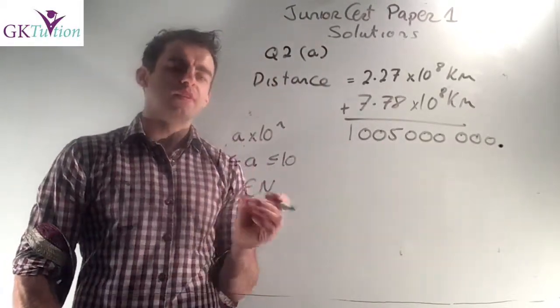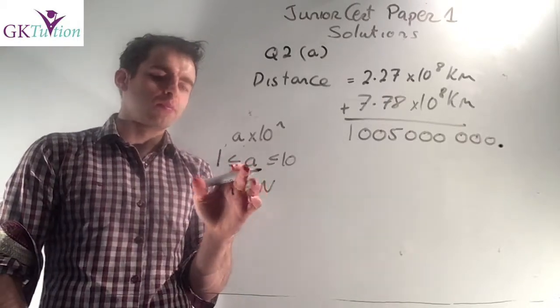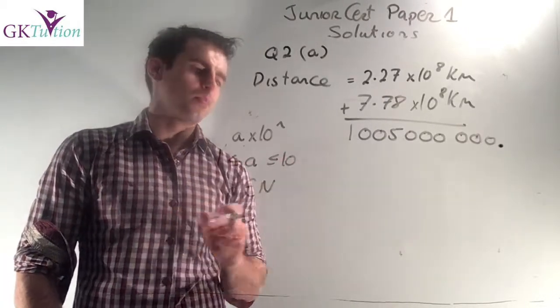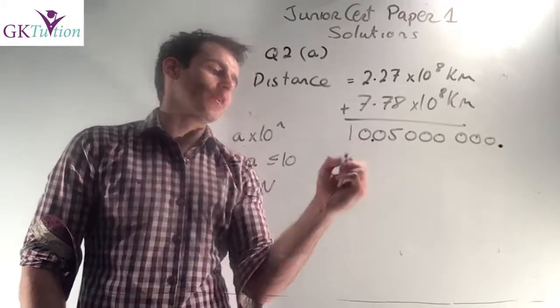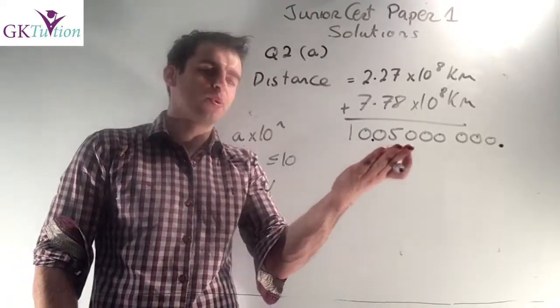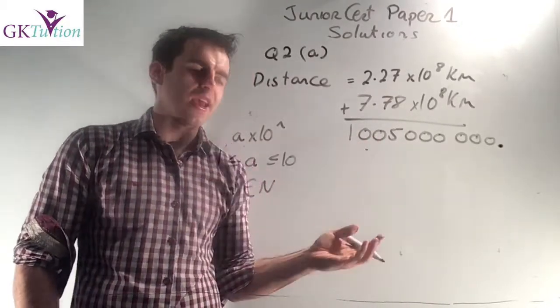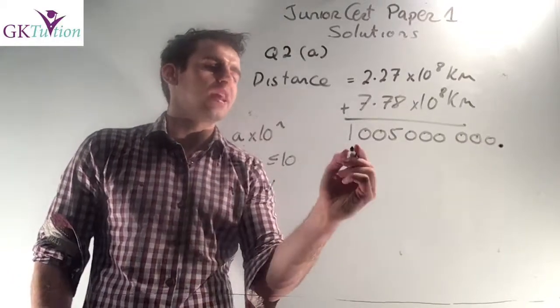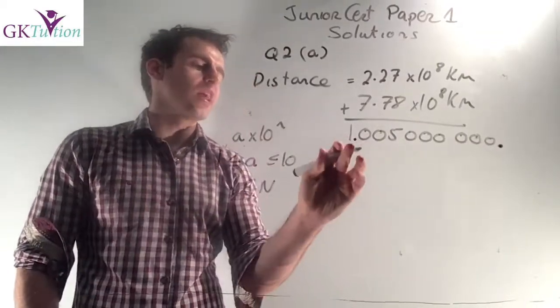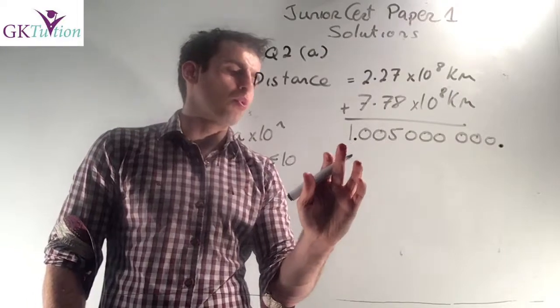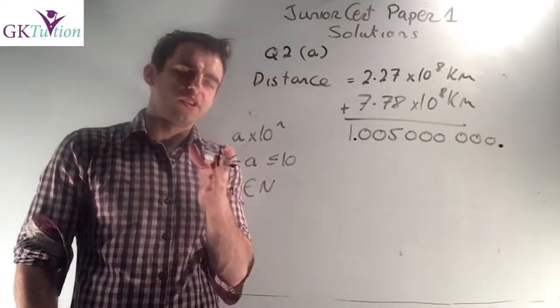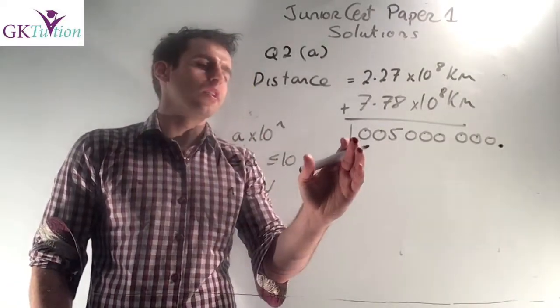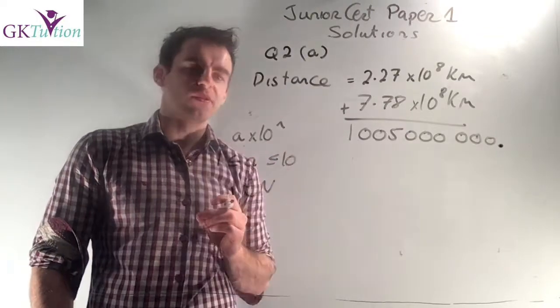And I need to move the decimal place so that my number is between 1 and 10. So I can't move the decimal place to there, because it'd be 10.05. That's bigger than 10. The only place I can move the decimal place to is here. If I had a decimal place there, it would be 1.005, which is between 1 and 10. So I know that I need to move my decimal place to after the 1.